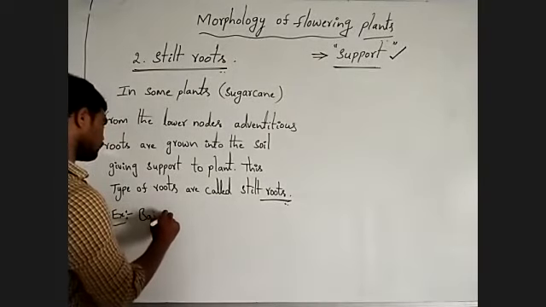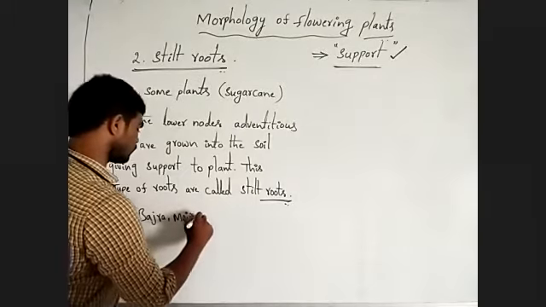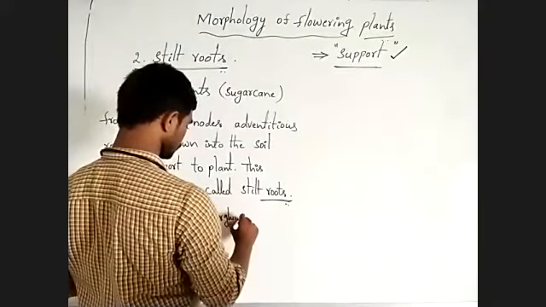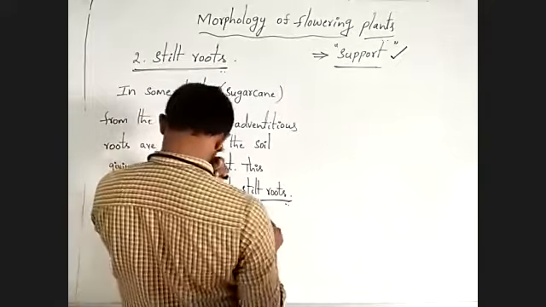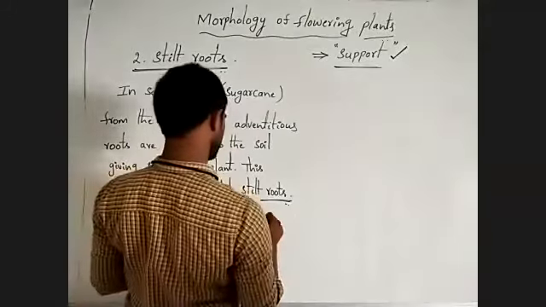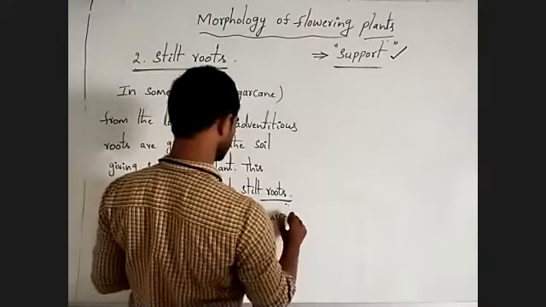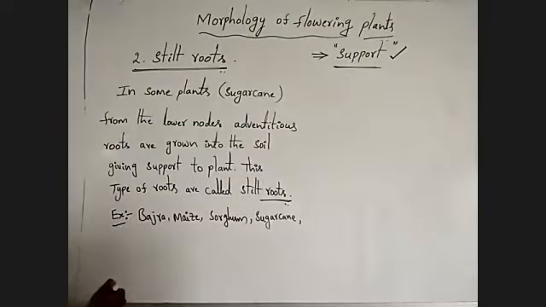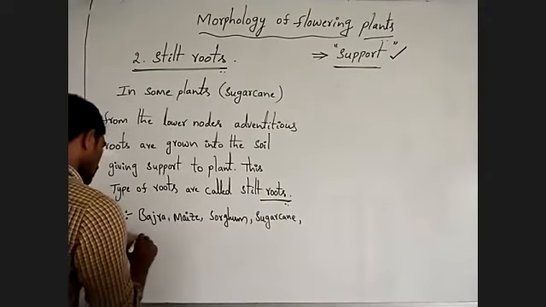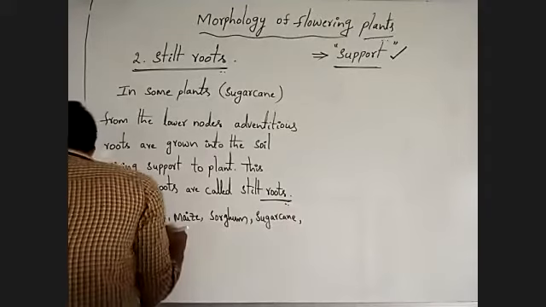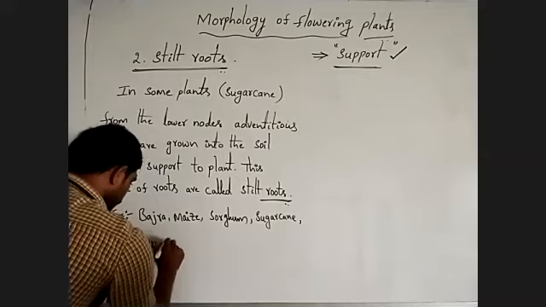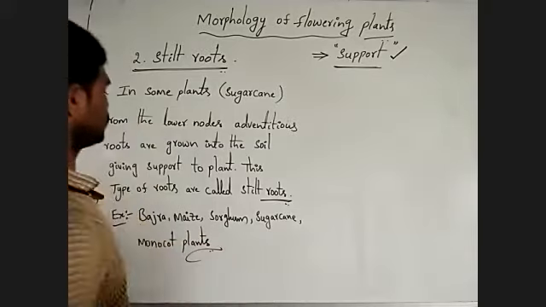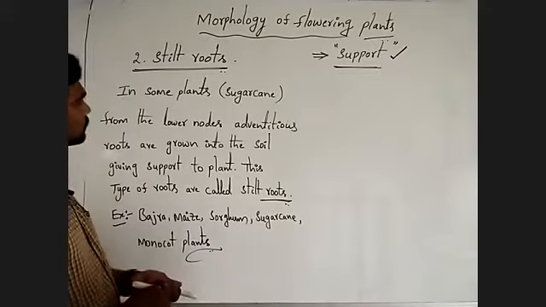Bajra, maize, sorghum, sugarcane, and different types of monocot plants.